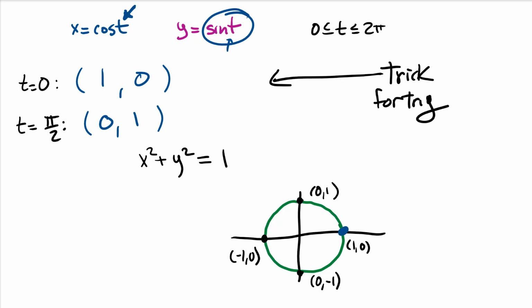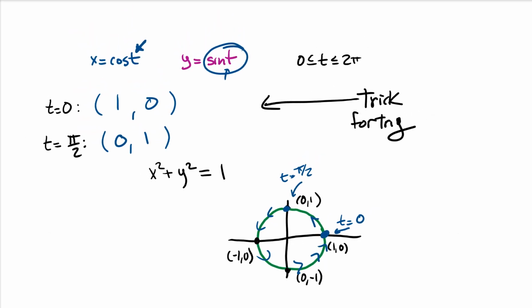So our first point was here where t equals 0. When t equals positive pi over 2, we're here. Oh, we're moving in the positive direction. Hey, it's just like the unit circle. How we go through quadrant 1, then quadrant 2, then quadrant 3, then quadrant 4. There it is. And this is how we're going to deal with our trig functions.